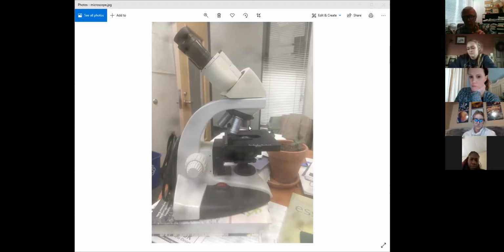So with the scanning lens, it's 10 times 4, or 40. With the oil immersion, it's 10 times 100, or 1,000. With high power, it's 10 times 40, or 400. That's called total magnification. It's one of the terms you need to know.